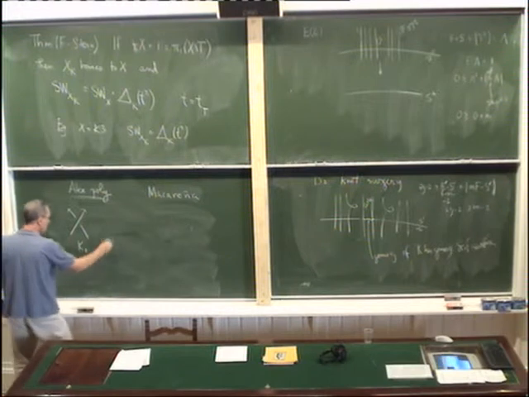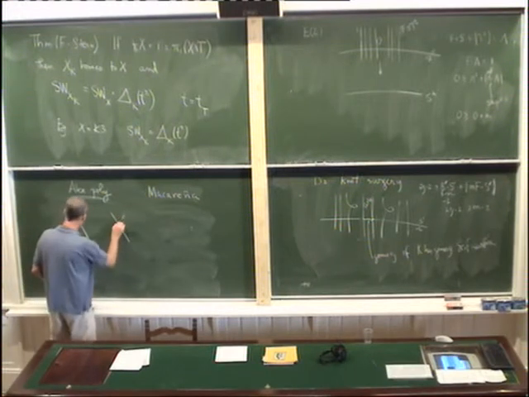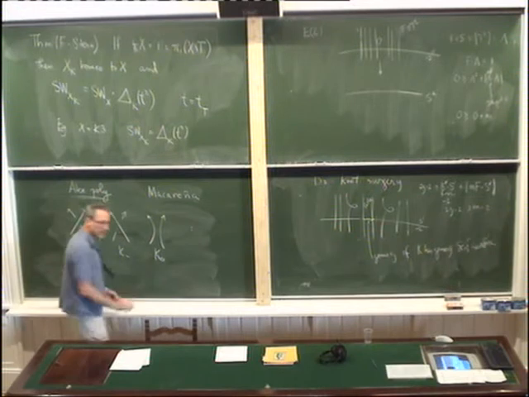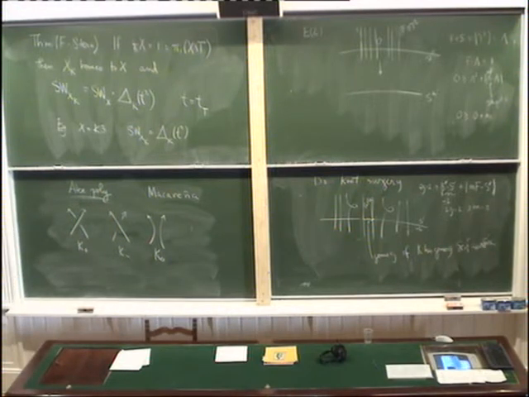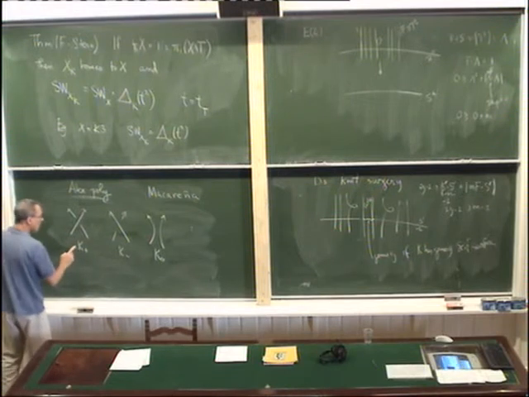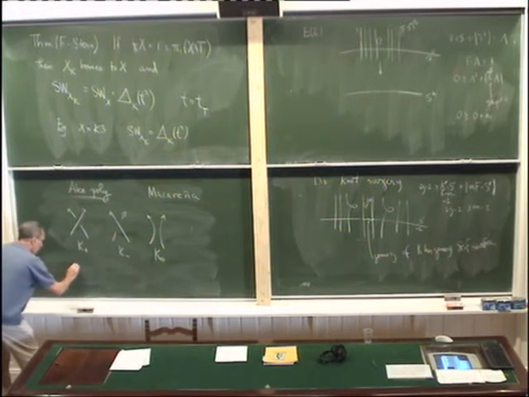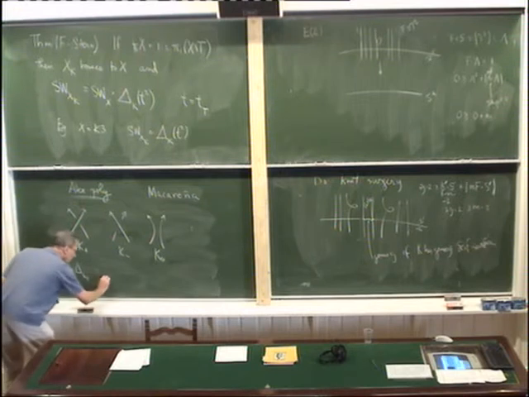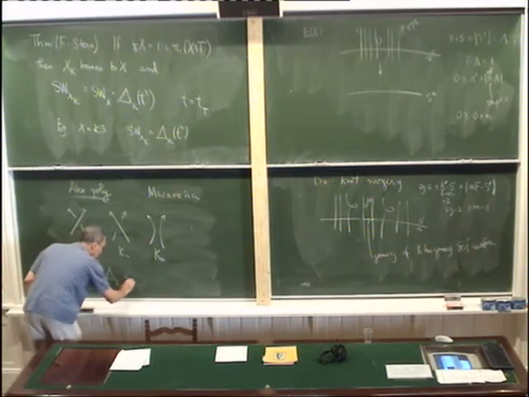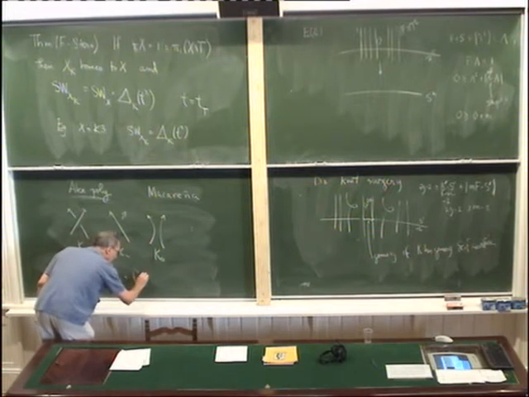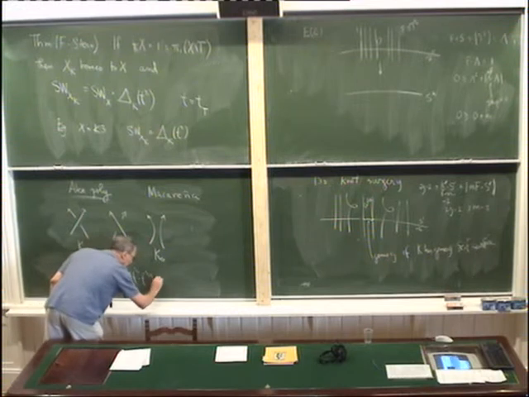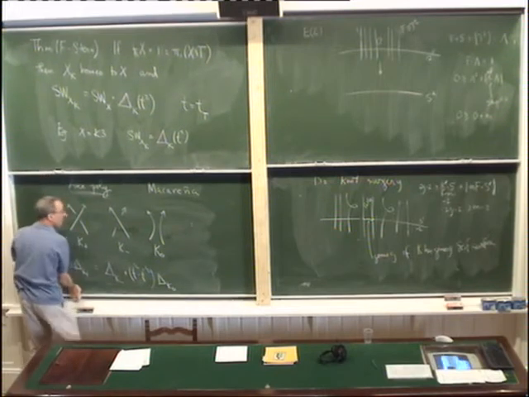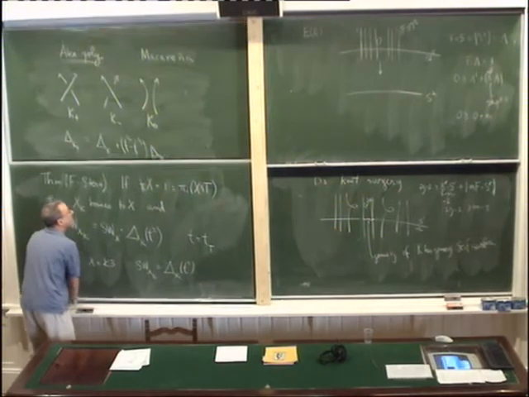So if this is K plus, there's a formula for the Alexander polynomial that tells you that the Alexander polynomial of K plus is the Alexander polynomial of K minus plus t to the 1/2 minus t to the minus 1/2 times the Alexander polynomial of K0. So that's the formula.